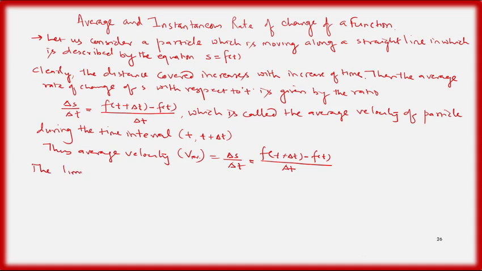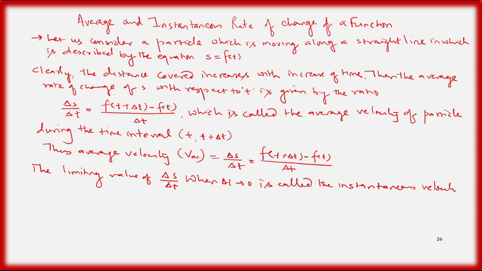The limiting value of delta S by delta t when delta t tends to 0 is called the instantaneous velocity of the particle in time t.